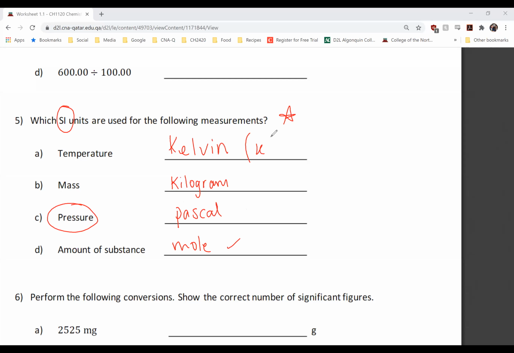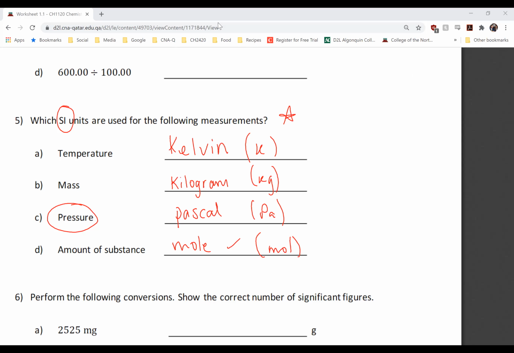So Kelvin is K, kilogram is kg, Pascal is Pa, and mole is mol. Very interesting. Good to know for the future, because on your final exam, there's typically a multiple choice or something where you have to come up with the SI units.